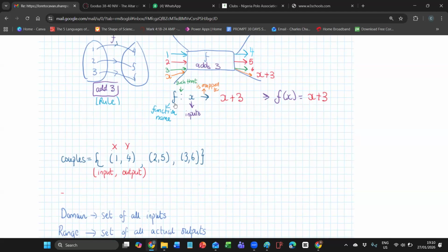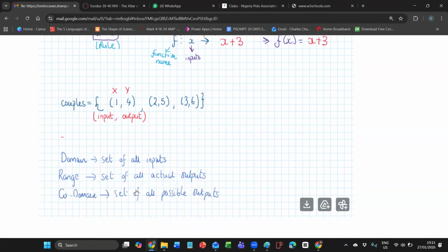When you get used to that fact, then if you see something like g of x, you know it's open to any letter at all. The important thing is for you to know what the mapping is and how it relates to the particular question you have at hand.